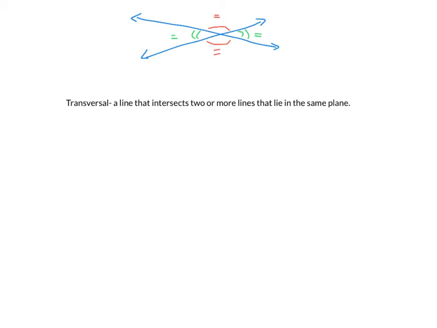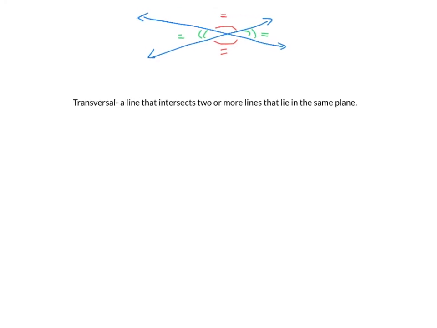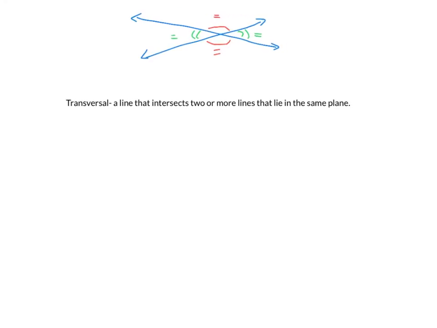So what that means is if you have these two lines, this line here is the transversal. So this is the transversal.